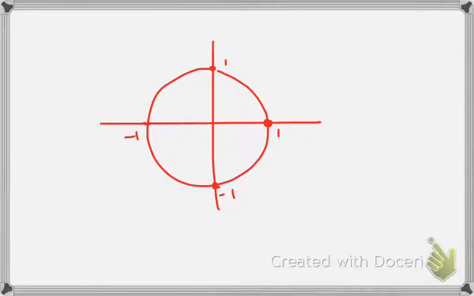When we're talking about the domain, let's first start with the domain of sine of theta. If we think of this as some point x comma y, and theta as my angle, what numbers could I possibly use?